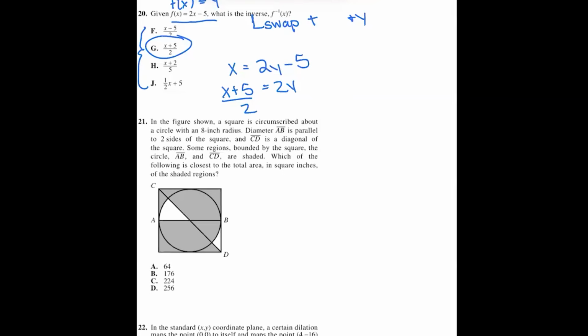So on number 21, this one intimidates a lot of people. So what we're going to do is we're just going to try to simplify and do process of elimination. So we have a circle stuck in a square, and we know this part right here is going to be 8. And then we also know that this part right here is going to be 8. And then the other things that we know is the diameter AB is parallel to 2 sides.